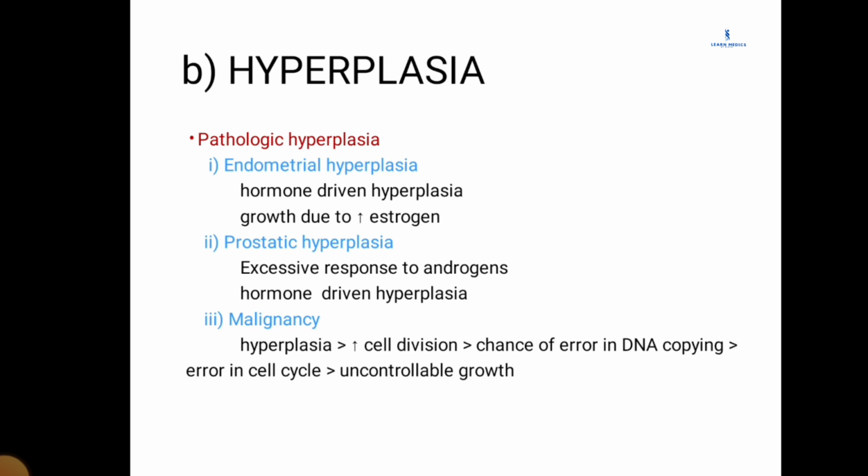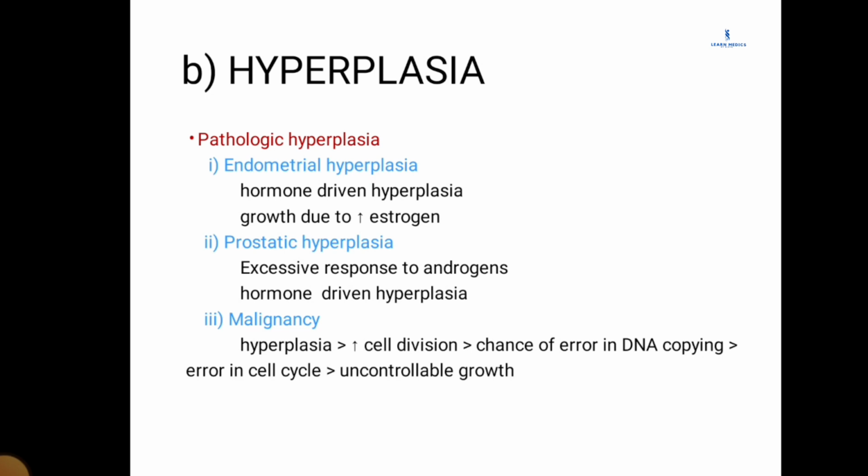We know that malignancy occurs due to mutations in genes. For hyperplasia, to increase the cell number, we need increased cell division. Lots of cells need to divide, and during heavy cell division, there is a chance of error in DNA copying, which leads to an error in the cell cycle, and it leads to uncontrollable growth.